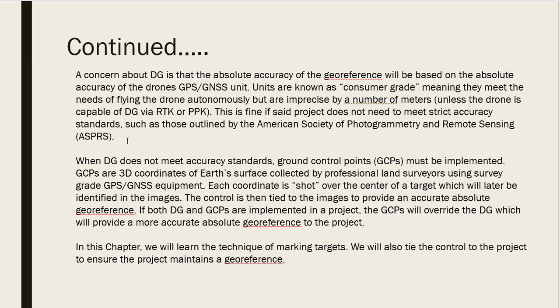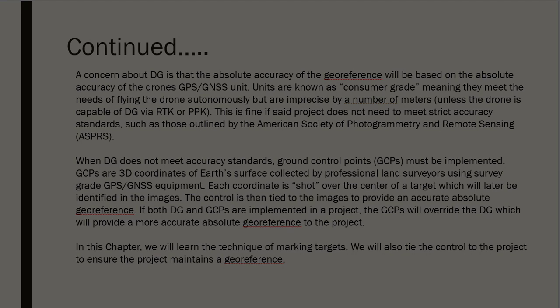The control is then tied to the image to provide an accurate, absolute georeference. If both DGs and GCPs are implemented in a project, the GCPs will override the DG, which will provide a more accurate, absolute georeference of the project. In this chapter, we will learn the technique of marking targets, and we'll also tie the control to the project to ensure the project maintains a georeference.